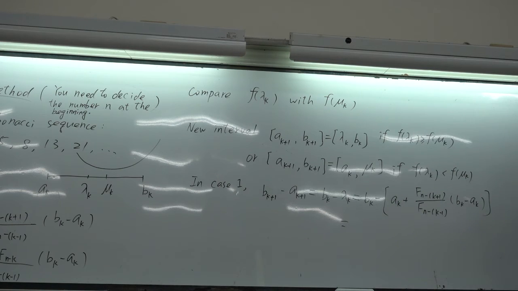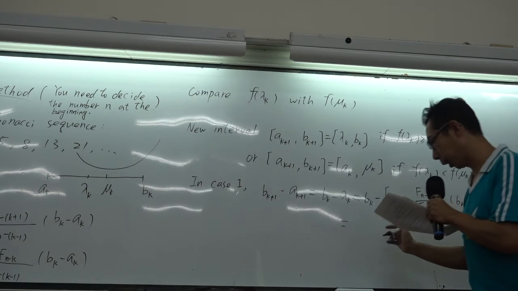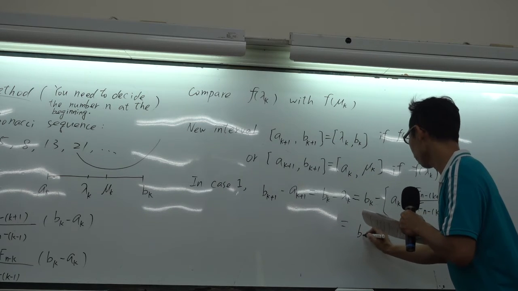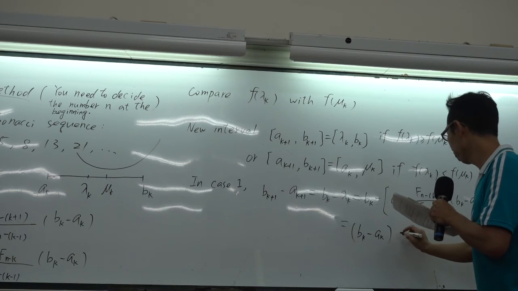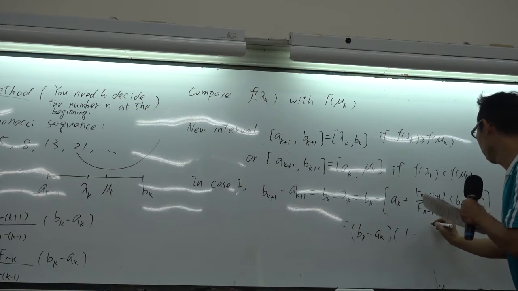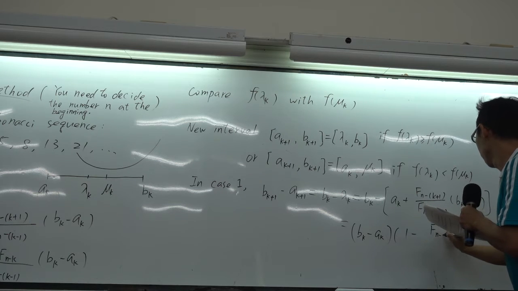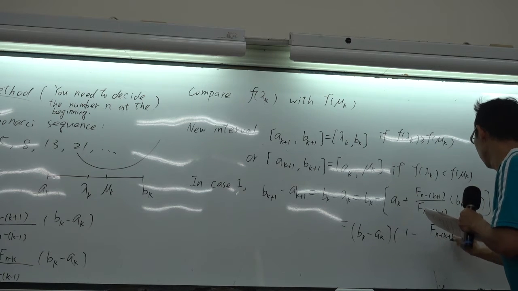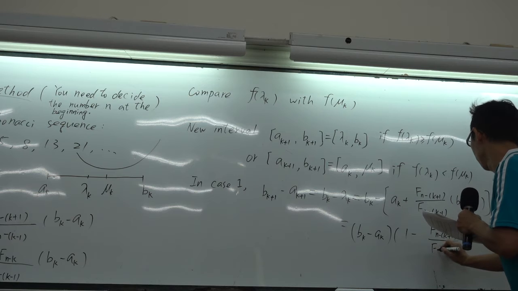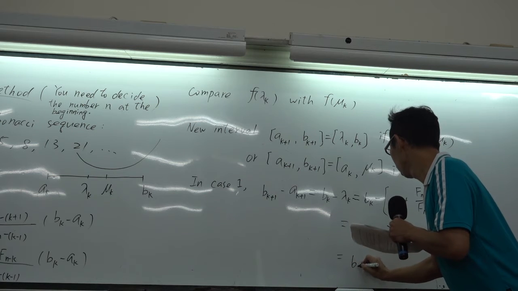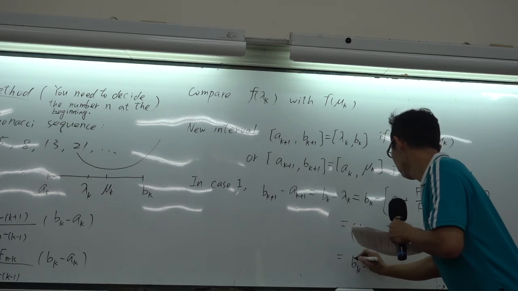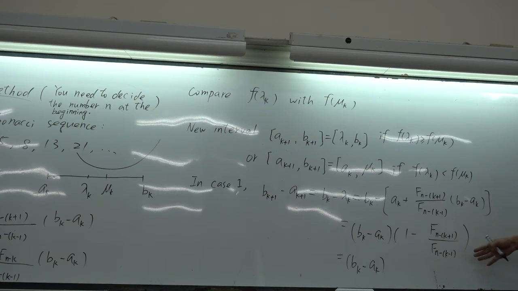And if we bring this b k minus a k outside, we will see that it becomes 1 minus this. So, finally, what do we have?